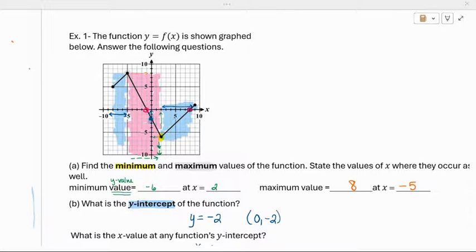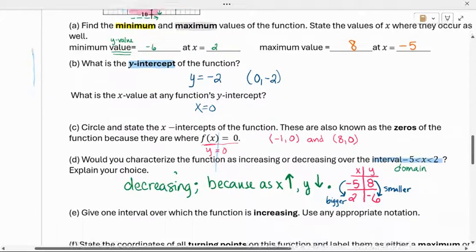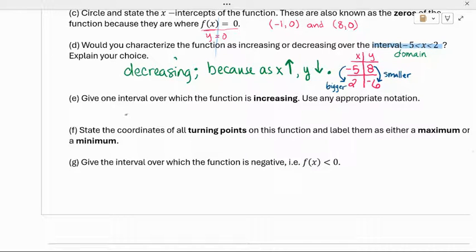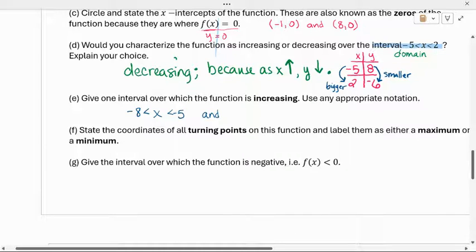So the interval where it's increasing, -8 is less than x is less than -5. And 2 is less than x is less than 9.